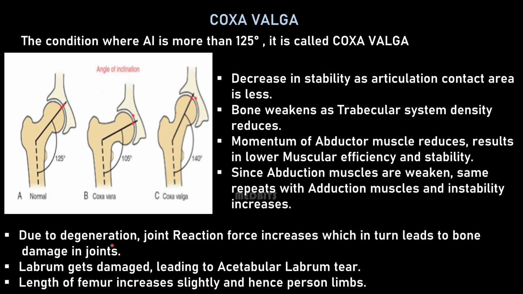Due to degeneration, joint reaction force increases, which in turn leads to bone damage in joints. So the labrum gets torn, leading to acetabular labrum tear. Then the length of the femur increases slightly and hence the person limps.